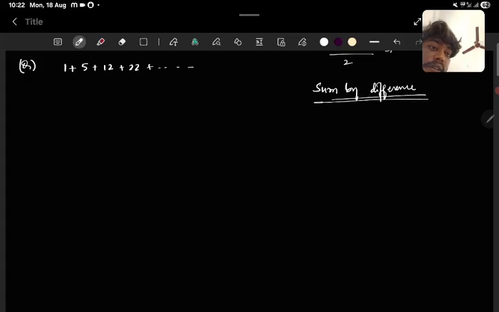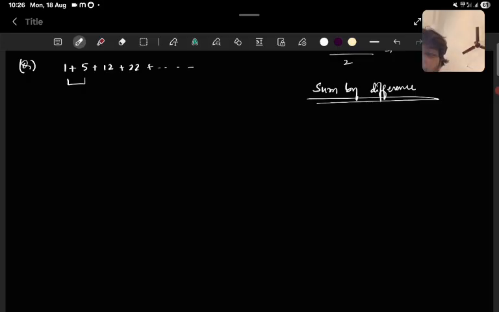This is one of the major concepts of sequence and series, sum by difference. Using the difference you are going to find the arithmetic progression. Using the difference only you are going to sum it. So here, if you observe the difference between two terms, this topic is called sum by difference.